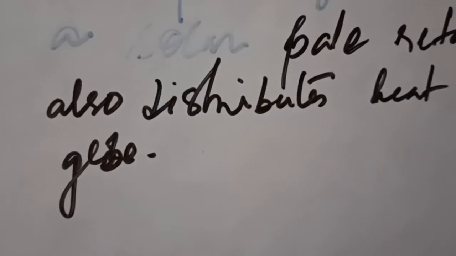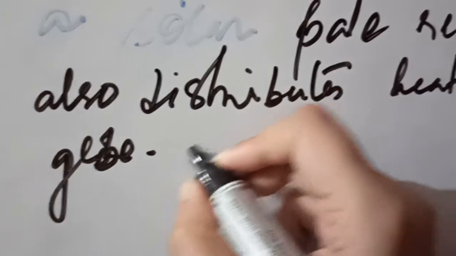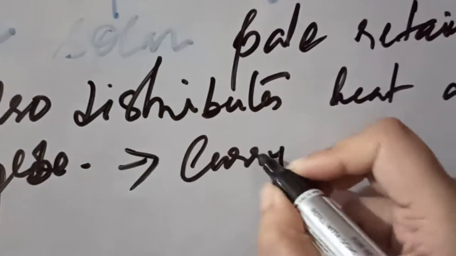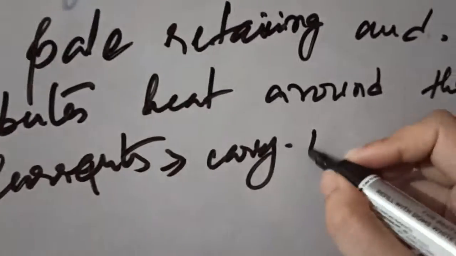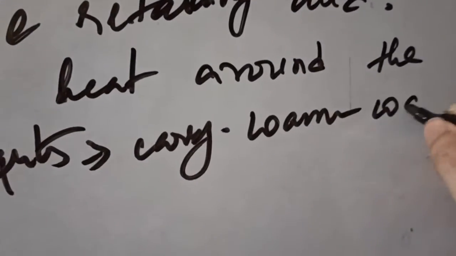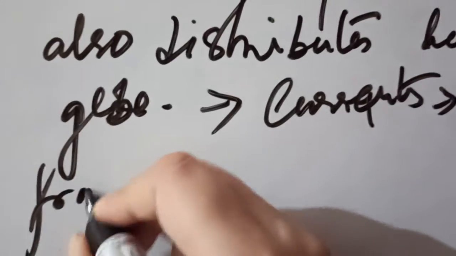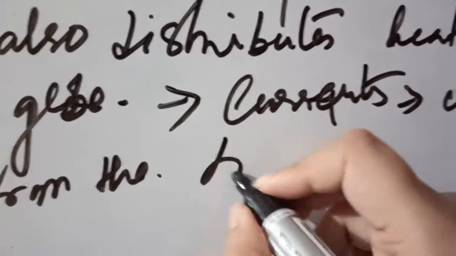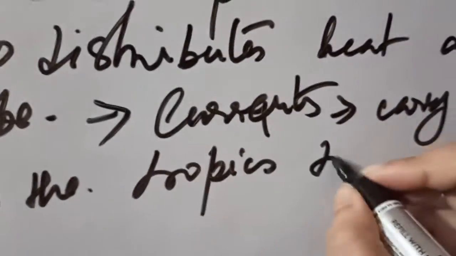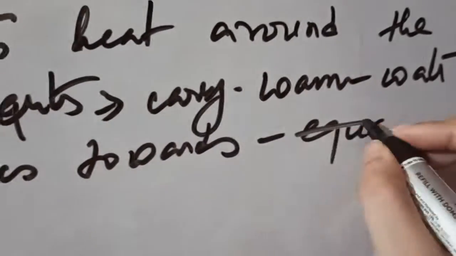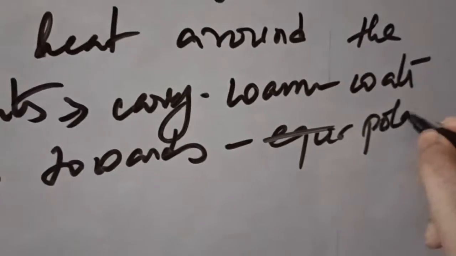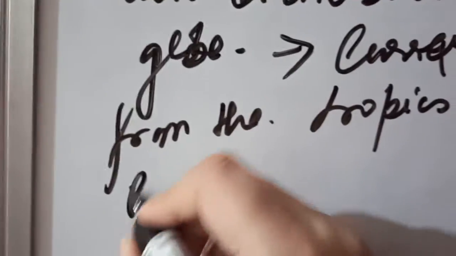So, in general, the currents actually carry the warm water from the tropics towards the polar region, and from the polar region towards the equator or towards the tropics.